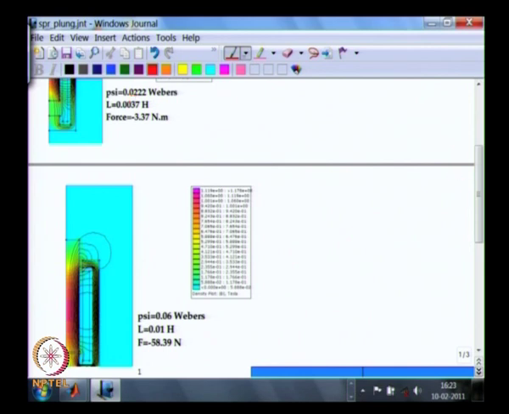One can also see that the field in the region here is bending out of the air gap.